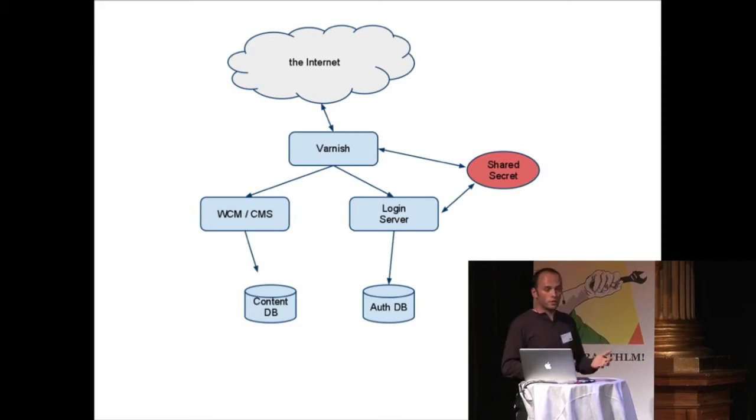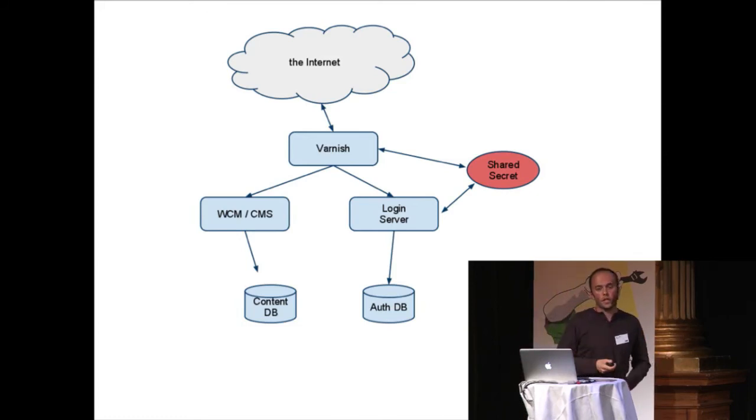So we know that this user is supposed to have access. And then we end up either getting the content from the web content management system, or if it's a cache hit, we serve it from cache.